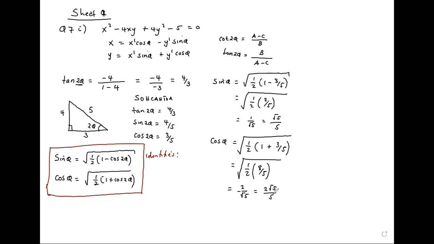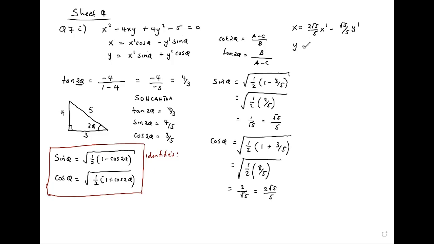So from here now, where do we move to? We go back to the equations now. Remember, x must be x prime cos theta. Now cos theta is 2 root 5 over 5, so x prime, minus sine theta, which is root 5 over 5, y prime.